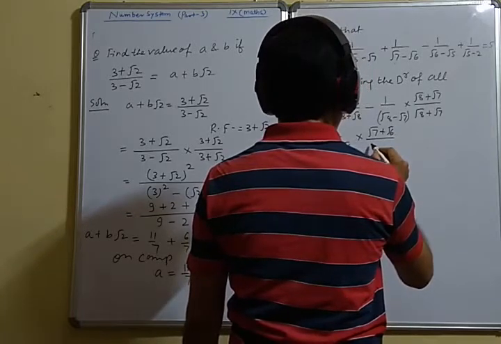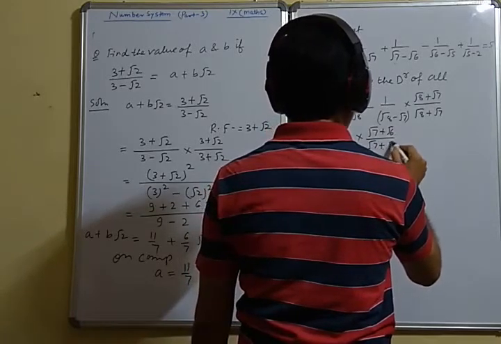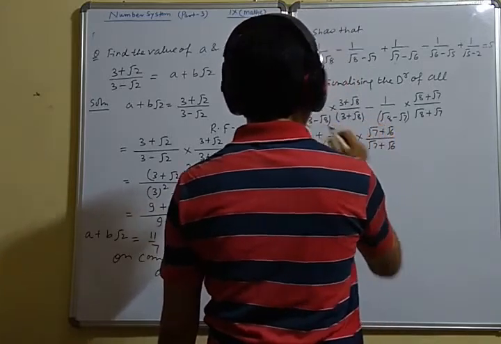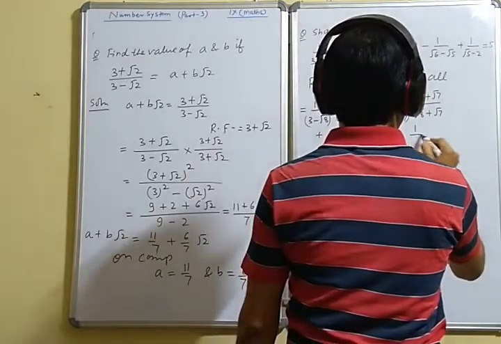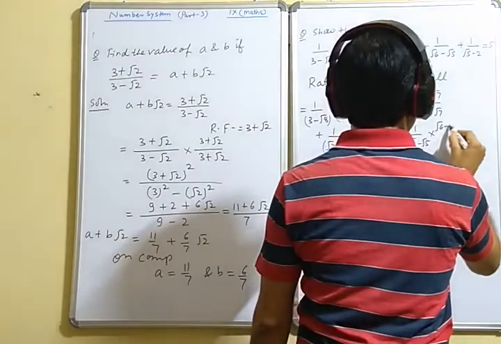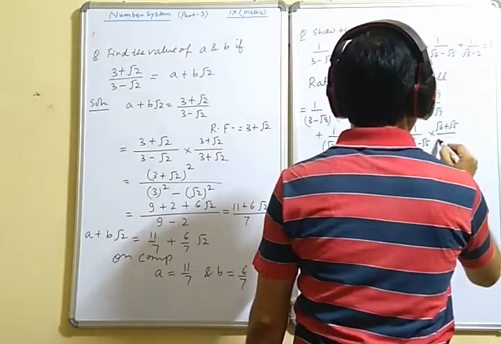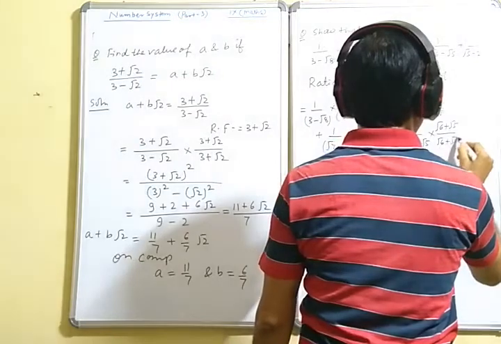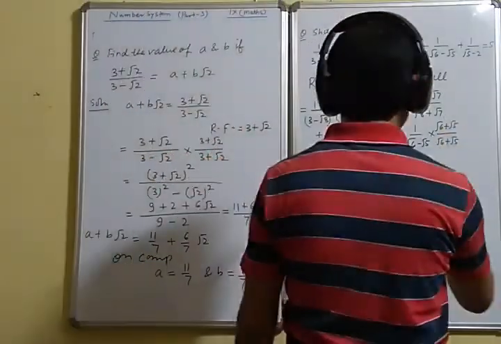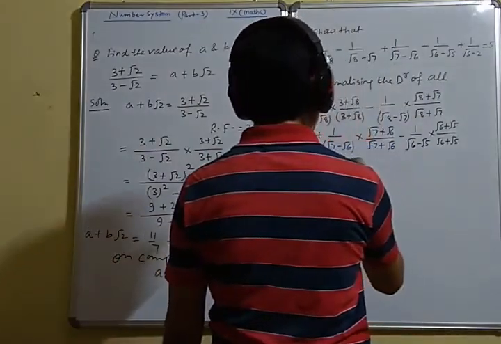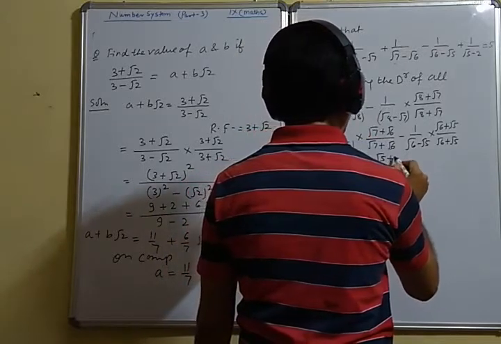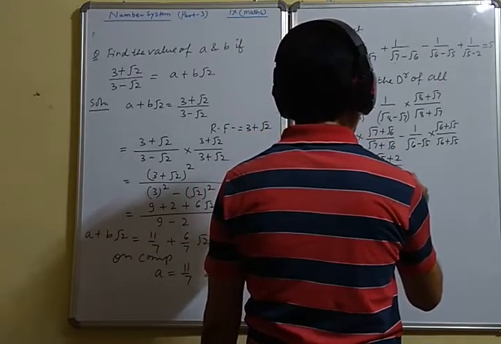Multiply numerator and denominator by root 7 plus root 6. Next one is 1 upon root 6 minus root 5. Its rationalizing factor is root 6 plus root 5. Multiply numerator and denominator both by root 6 plus root 5. And the last term, that is 1 upon root 5 minus 2 multiplied by root 5 plus 2 over root 5 plus 2.